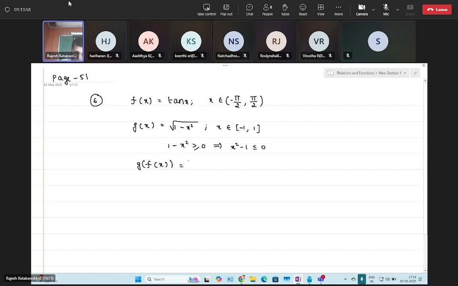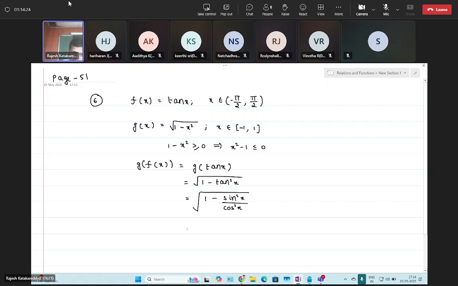Without checking anything, if I go directly, I should write g of f of x as tan x, so this becomes root of 1 minus tan square x. Maybe I should convert this to sine and cos: 1 minus sine square x by cos square x.